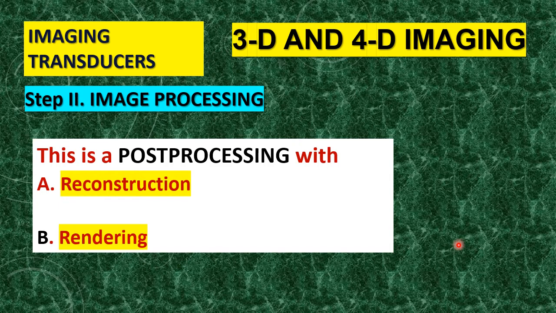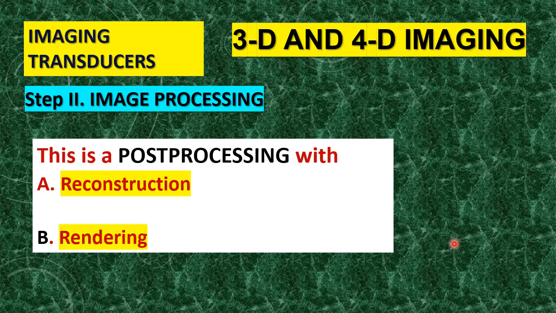So 3D imaging on all the techniques is post-processing. Why? Because after the scanning planes are built, they are processed together to build the 3D. So 3D imaging is an example of post-processing.